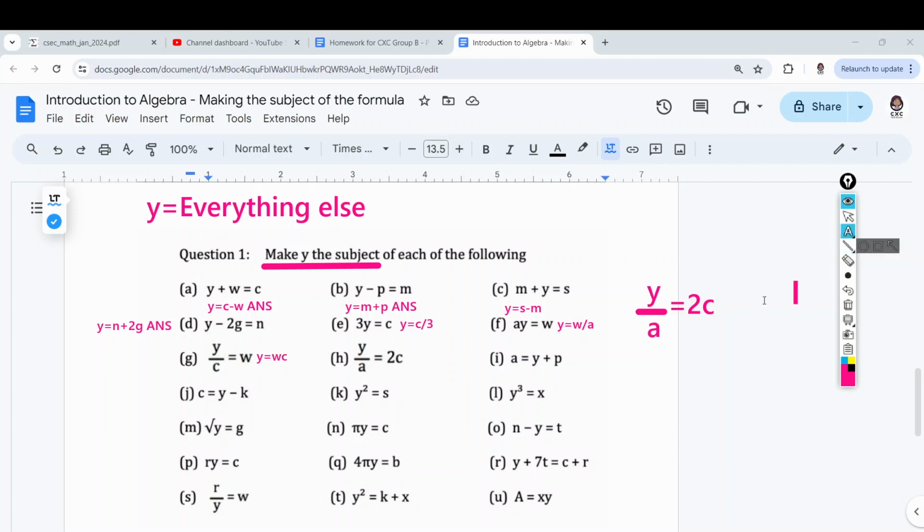So we're just going to multiply by A, and we want over here the same thing, we want to multiply by A. And once we multiply both sides by A, this A will cancel that A, and we'll end up with Y is equal to 2CA. And that will be the answer. So let me just put it there. Y is equal to 2CA.